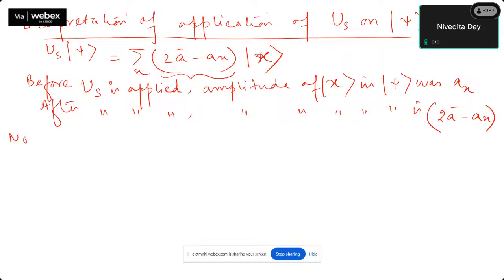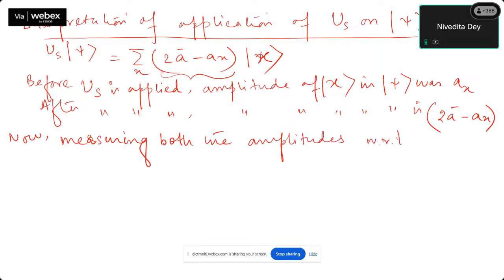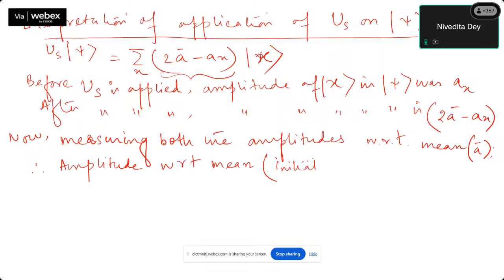Now, measuring both amplitudes, before and after, with respect to the mean. What is your mean? A bar. So the amplitude with respect to the mean, for the initial amplitude, is ax minus A bar. This was your initial, this is your final.